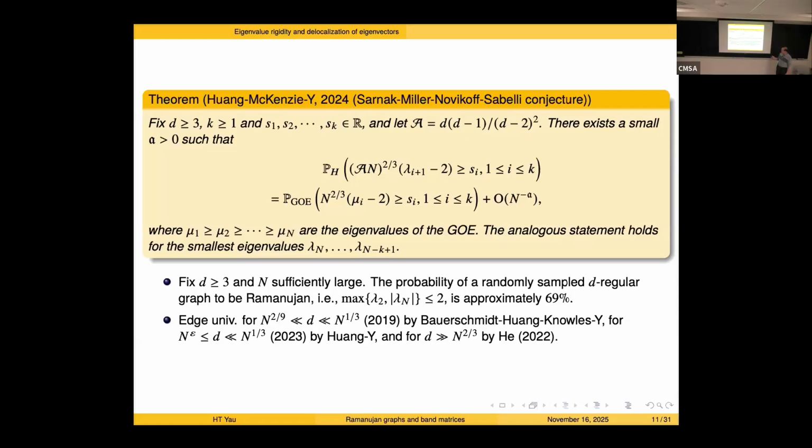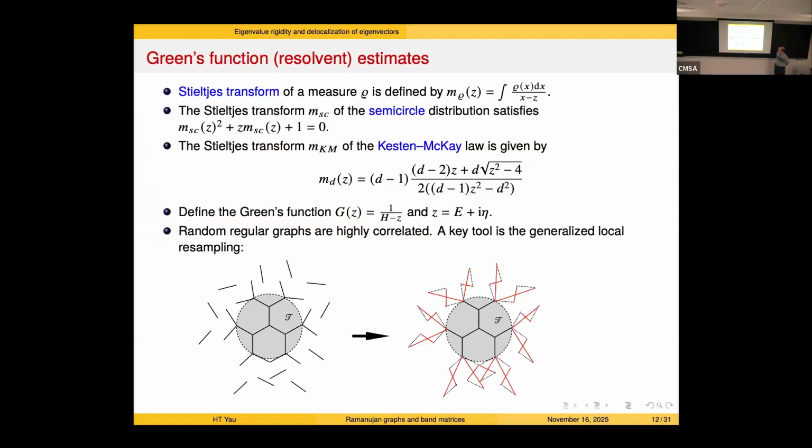All right. Then I have one page to tell you the proof. This was an idea we started about 7, 8 years ago, and it took a long time.